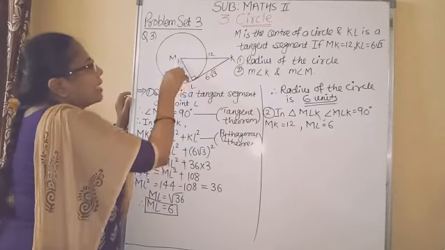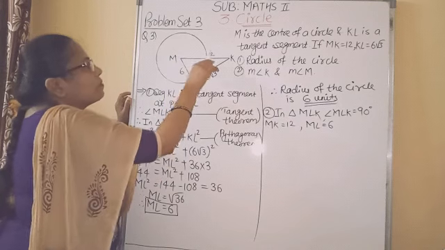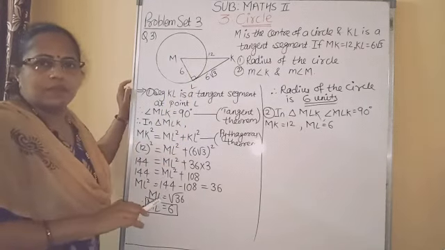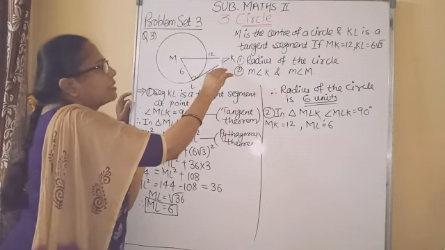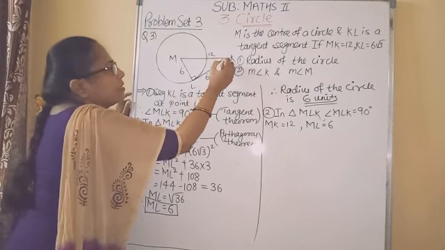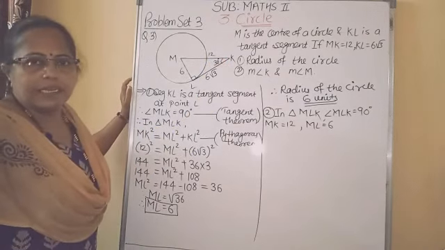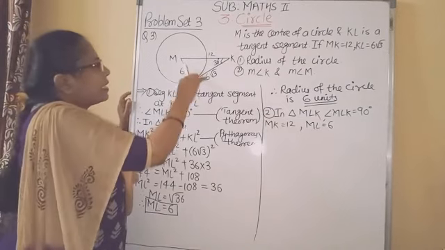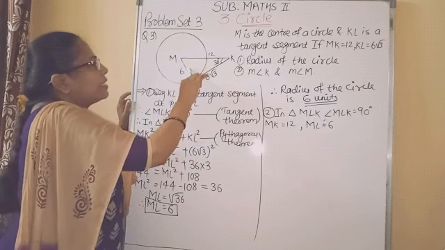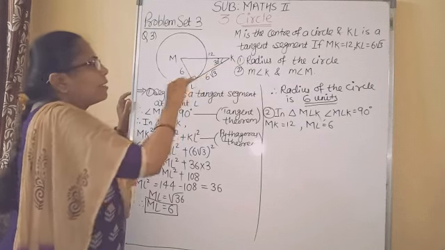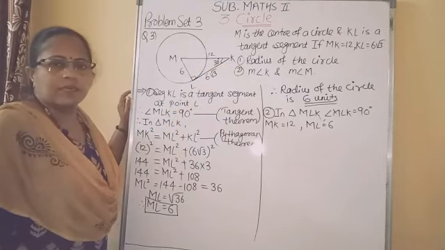So a side of a right angle triangle is exactly half of the hypotenuse, so the angle opposite to this side, angle K, is 30 degree. We studied the converse of the 30, 60, 90 degree theorem: in a right angle triangle, if one of the sides making 90 degree is exactly half of the hypotenuse, then the angle opposite to that side is 30 degree.